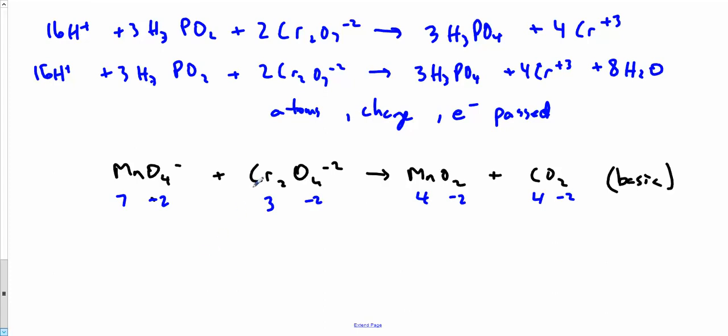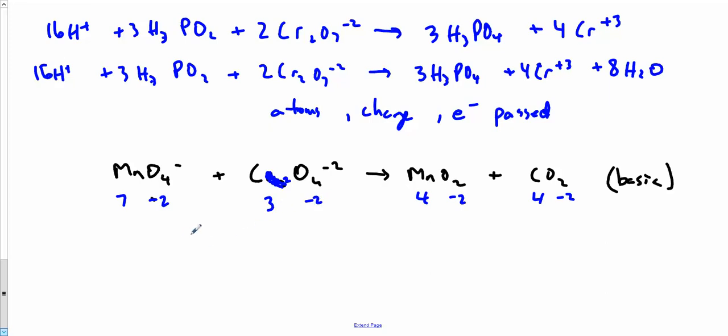Oh, what did I do wrong? I made a mistake here. This should be just C2O4 minus 2. Sorry, I made a mistake. I got carried away looking at the wrong example. C2O4, so minus 2. Still going to be 3 here.